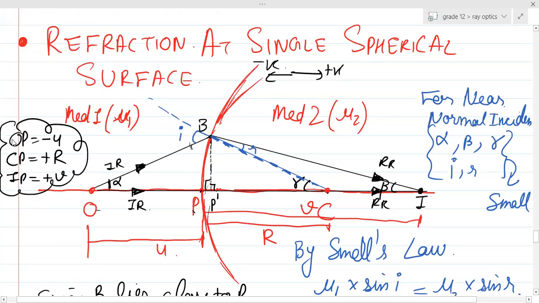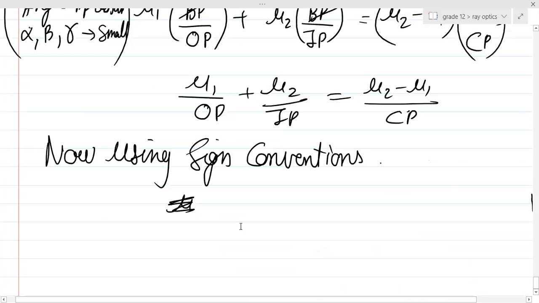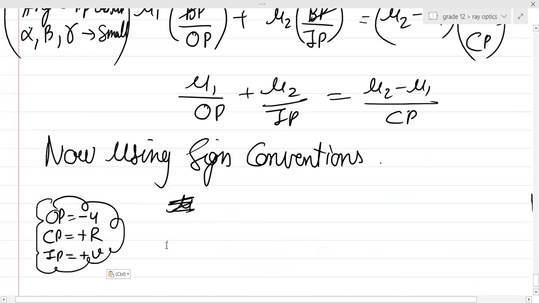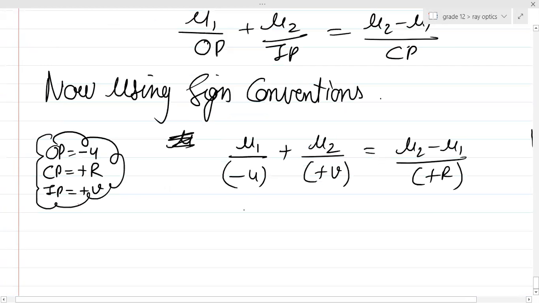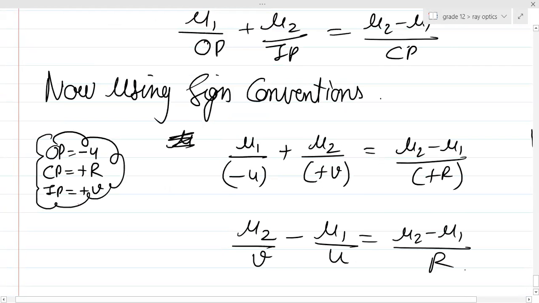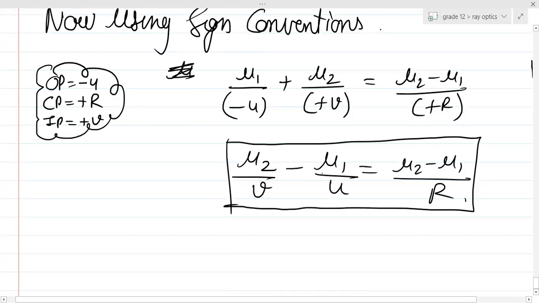So can I use this convention? Shall I copy and paste? So shall I use this convention over here? So mu1 divided by minus of U plus mu2 divided by plus of V is equal to mu2 minus mu1 divided by plus of R. From here, you will get mu2 by V minus mu1 by U is equal to mu2 minus mu1 by R. This is the formula for refraction at single surfaces.